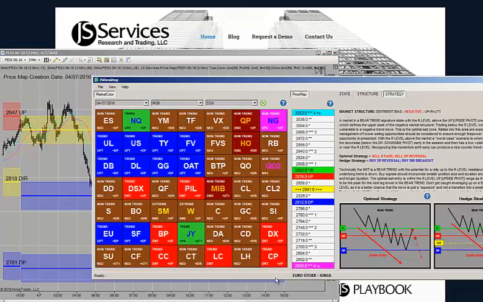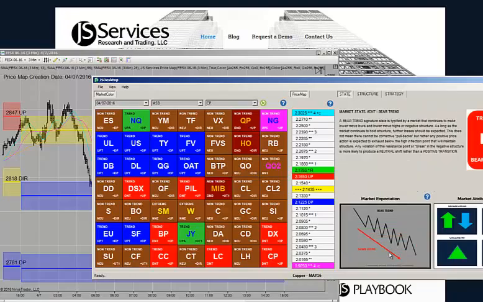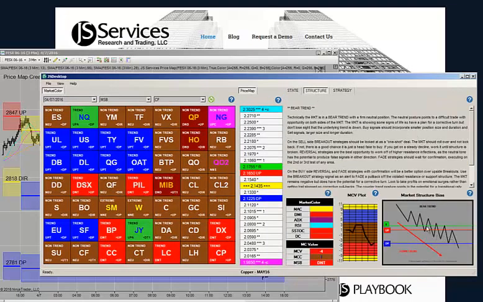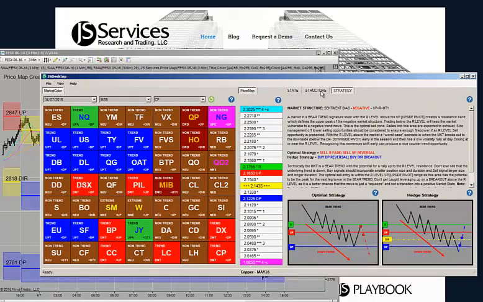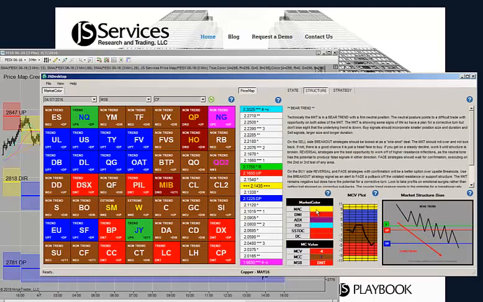Another market that's in the same condition is copper. So we have copper in a bear trend market state. Every market that's in the same state and structure, we're going to anticipate to have the same attributes. Structure is the same, R level above the UP, and the strategy is the same. Now on the structure part with the market color, it's going to be a little different, and so you can see the different nuances between the copper and the Euro stocks.